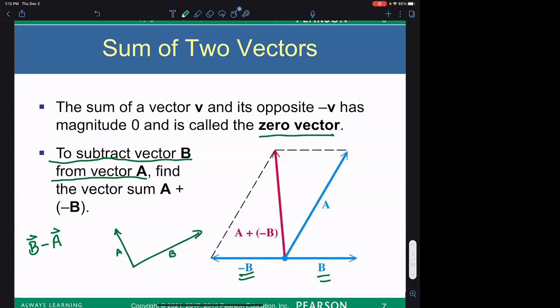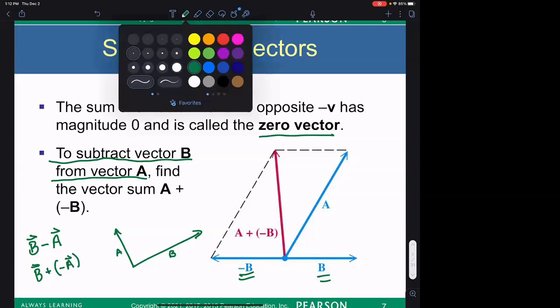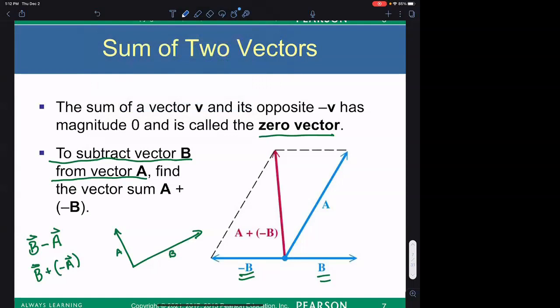So this would be the equivalent of B plus the opposite of A. So then I'd want to say, well, what's the opposite of A? And that's by taking A and going in the opposite direction, the same length. So that would be minus A.